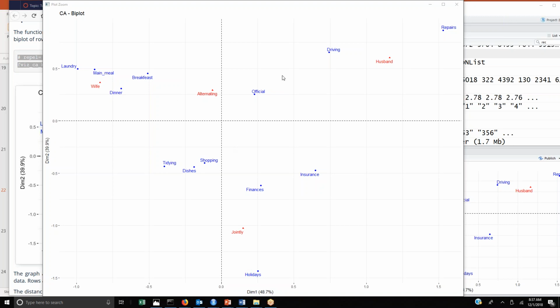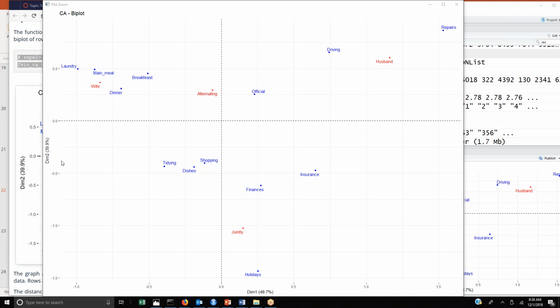This one dimension separates out very clearly between husband and wife. This dimension separates out husband and wife individually versus jointly. I thought this is cool, how nicely it comes out as a simple plot in 2 dimensions.